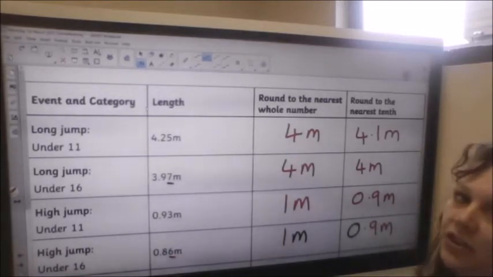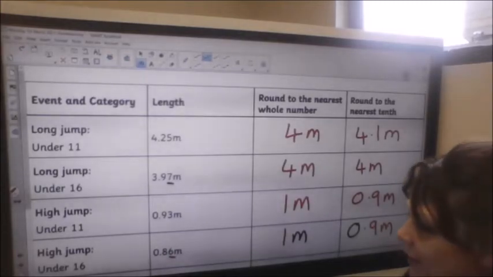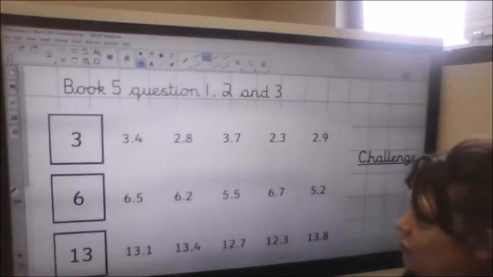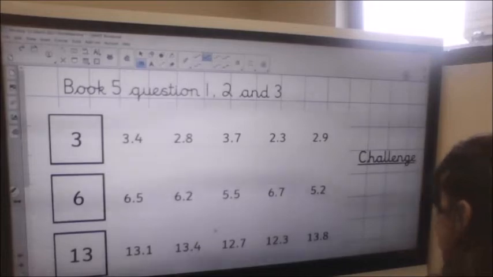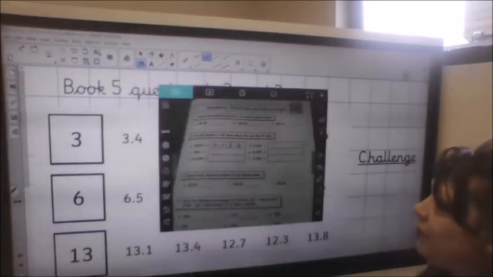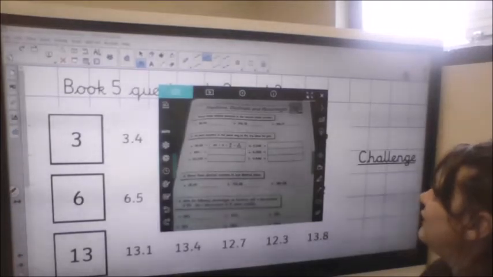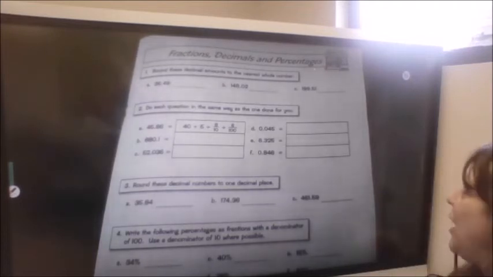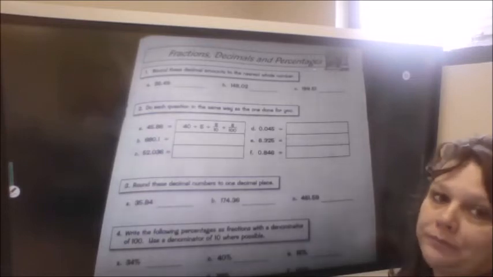So what are you going to do today then? We've had lots and lots of practice at each of these. You're going to use your book 5. I'm going to put it on the visualizer here so you can see it. If you get your book out, you're looking at book 5 and page 21.